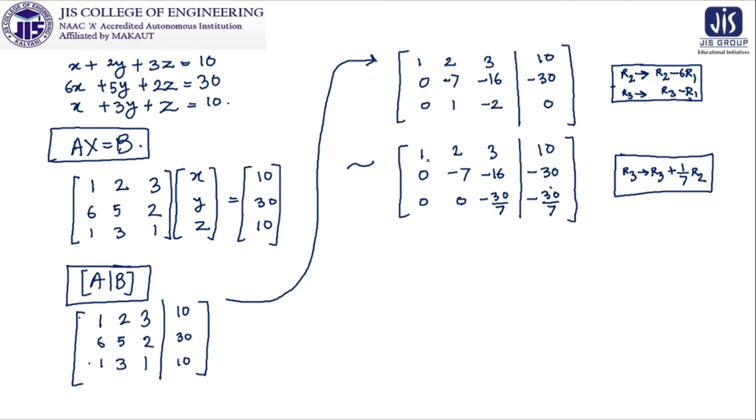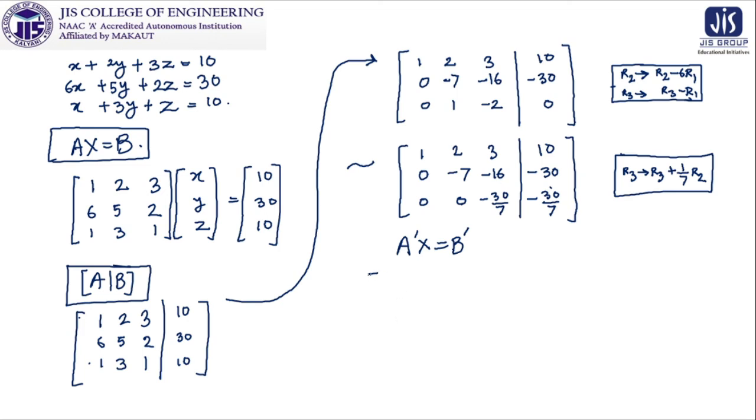if I consider this as my new augmented matrix, which is also in echelon form, the back substitution method tells us that from this we can construct one matrix equation like this: A dash x is equal to B dash, where A dash and B dash are reformed by these elementary row operations.